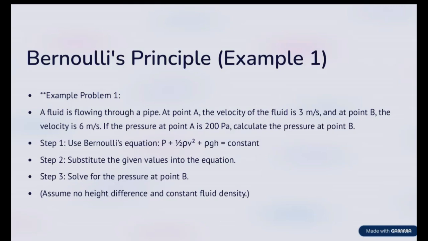Now in this question we are not given a change in height. H is representing height in this formula. Since we're not given height, we assume that H is 0. For H being 0, this parameter will disappear on both sides of the equation. So we'll be left with just this portion of the equation, P plus half density V squared.